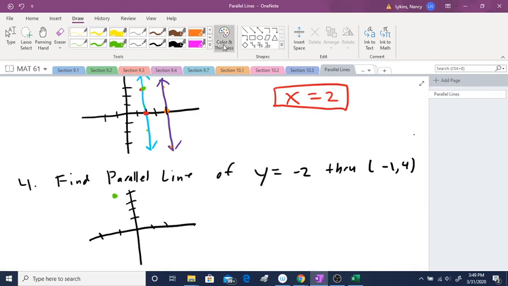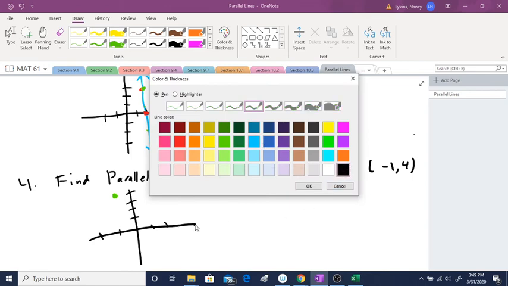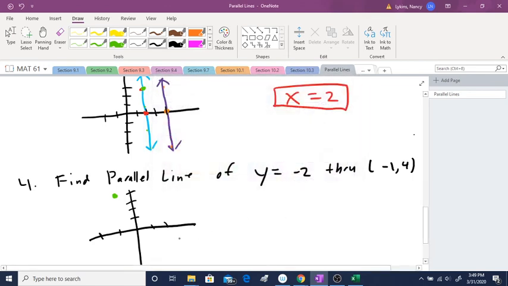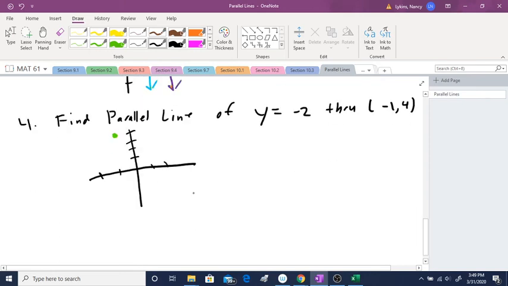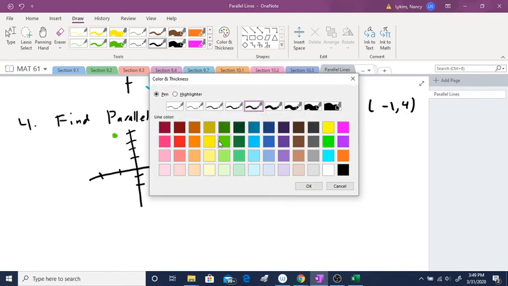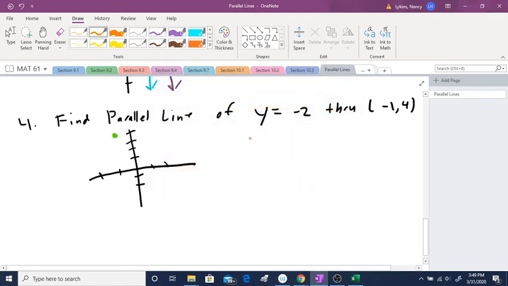Now, my y equals -2. I'm going to dip down 2. Now, y will actually go horizontally.